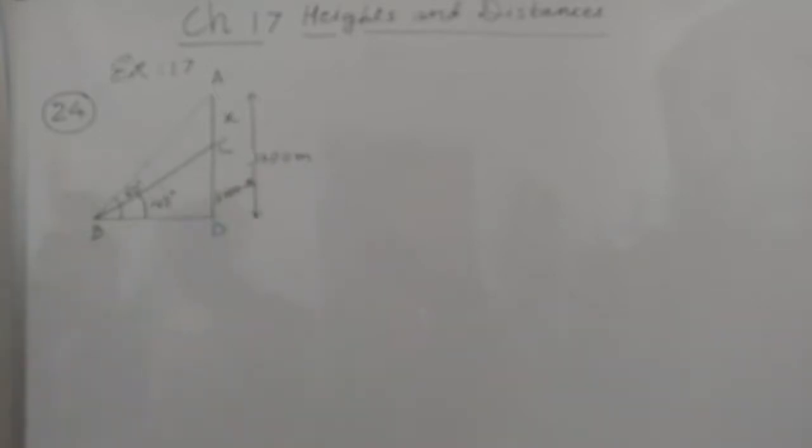Let AC be x, then how much will be CD? CD will be 3000 minus x. So I can write here 3000 minus x. This way we write our values. Now let us start with our solution of 24. In the smaller triangle BCD, I'll take tan 45. Tan 45 is equal to CD upon BD.